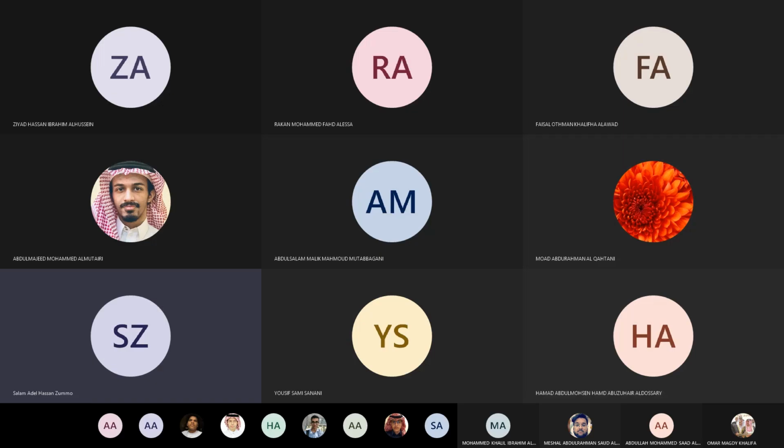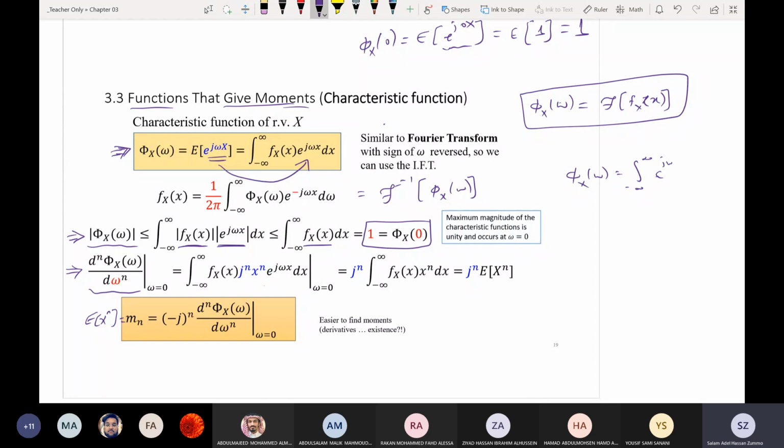The integral from minus infinity to infinity of e to j omega x times f_X of x dx. So the only function of omega is this part. When we differentiate the characteristic function with respect to omega, we only differentiate this part.